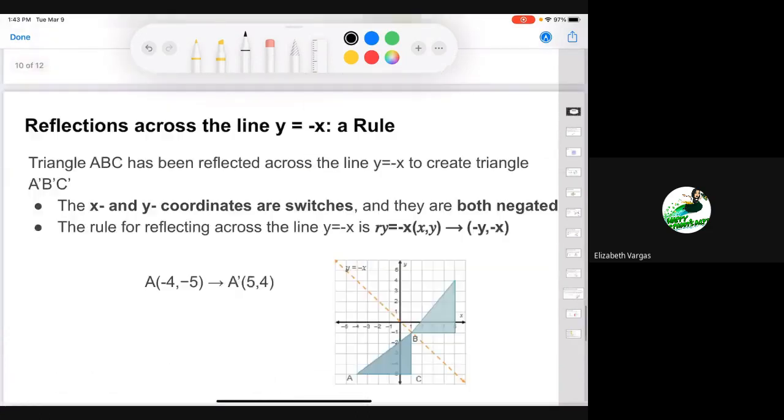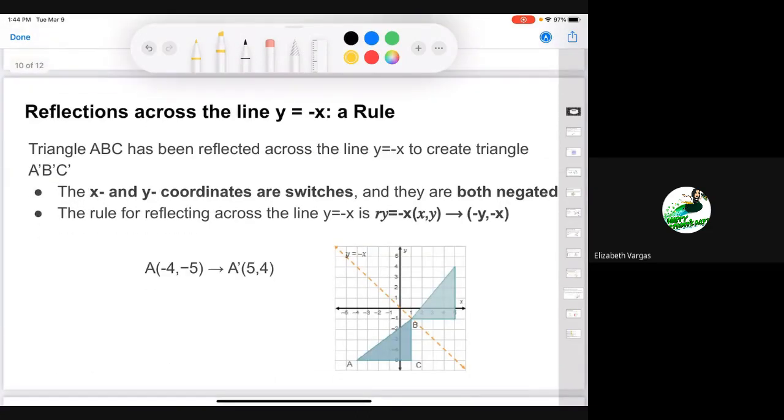Okay, and lastly, we have a rule for reflection across y equals negative x, which looks like this. Whenever we have a reflection across y equals negative x, we switch the x and y coordinates and then negate them. So let's look at our example. A in our pre-image is located at -4 and -5.